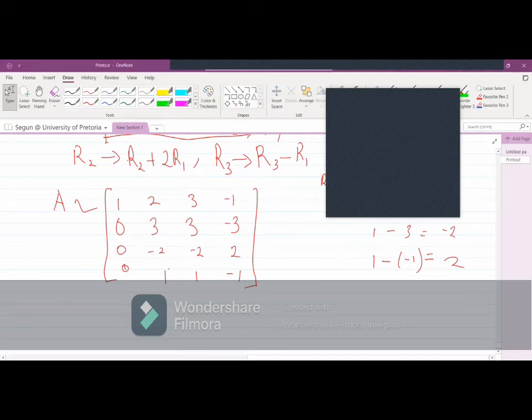Okay, sir. So R3 is R2. Sorry, R3 plus 2/3. It's going to be, let's say R2 now. We want to work on R2. It's going to be R2 minus what?